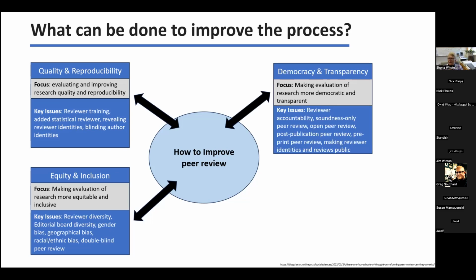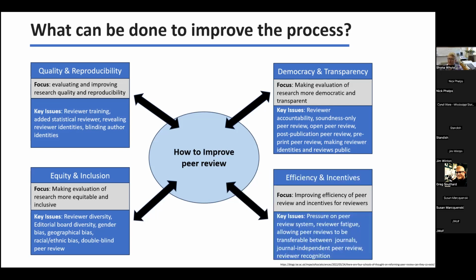The other one is making it more democratic and transparent, which is about reviewer accountability. Soundness-only peer review, which is just looking at the scientific merit or the soundness of the content of the manuscript, rather than looking at: is it novel? Does it advance the field? This group focused on open peer review and other types of review related to open peer review, making the identities of everybody in the process public.